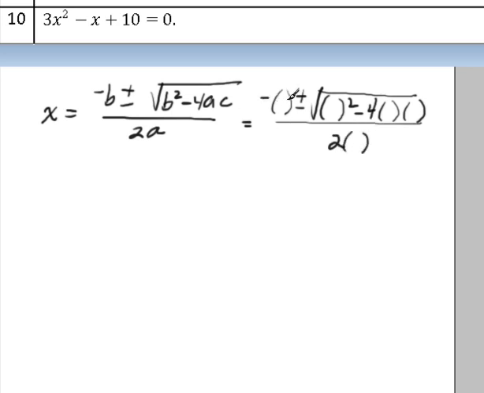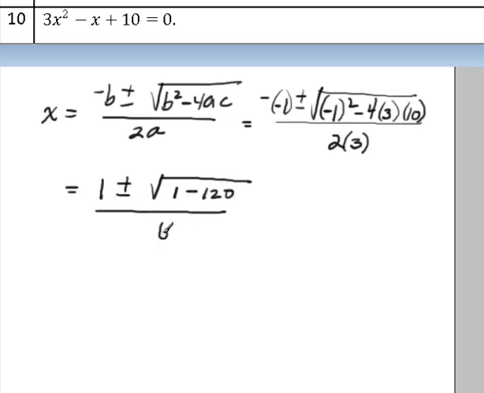Okay, so here we put b, which is minus 1, goes here and here. And here we put a, and here's c. And here's a. Okay, so we have 1 plus or minus, and now underneath the square root, we have 1 minus 4 times 3 is 12 times 10 is 120. 1 minus 120.